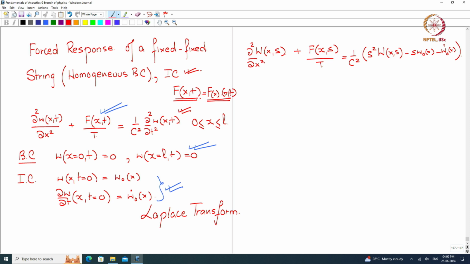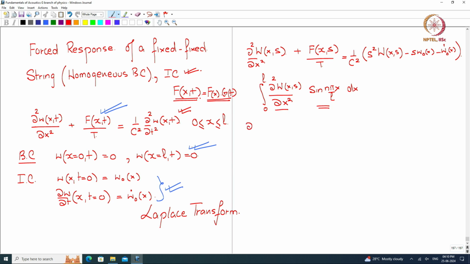Okay. So now what we are going to do is, let us take this del 2 W of x comma s by del x square, okay, and I am going to subject it to a Fourier series calculation, sine n pi x by L dx. Okay. So this is the first function, this is the second function.